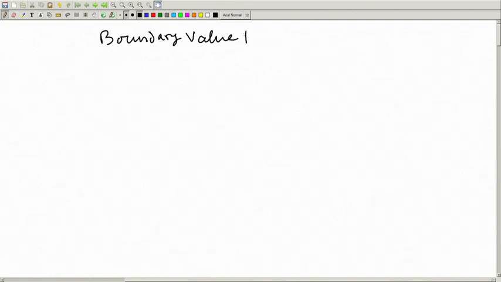Boundary value problem we abbreviate as BVP.